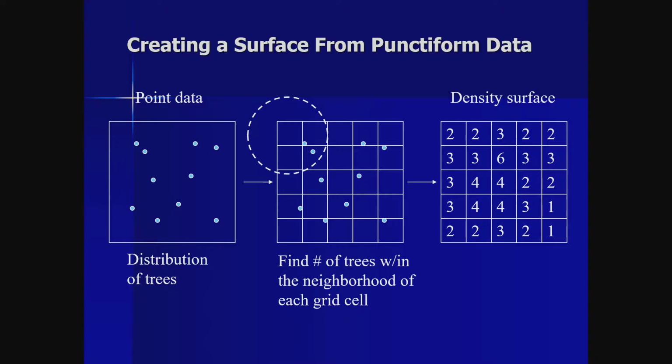If that radius is 5 meters, what's the area of that circle? Well, we don't have to calculate it, but the formula is pi r squared. So we take 5 squared, which is 25, multiplied by pi. That's the area of that circle, so it'd be the count divided by that value.